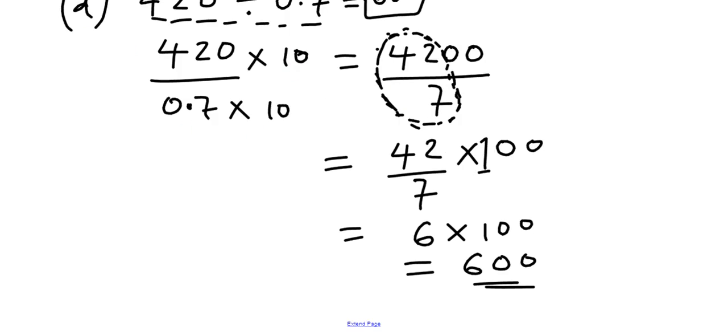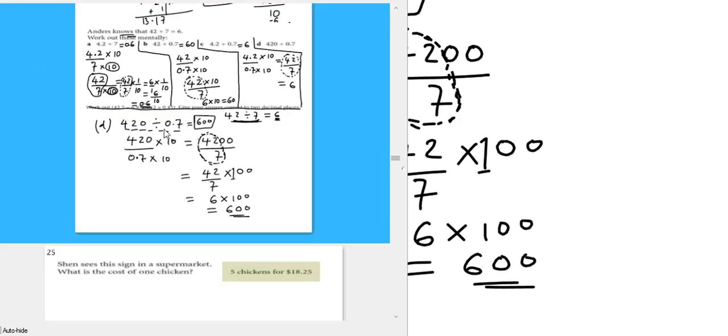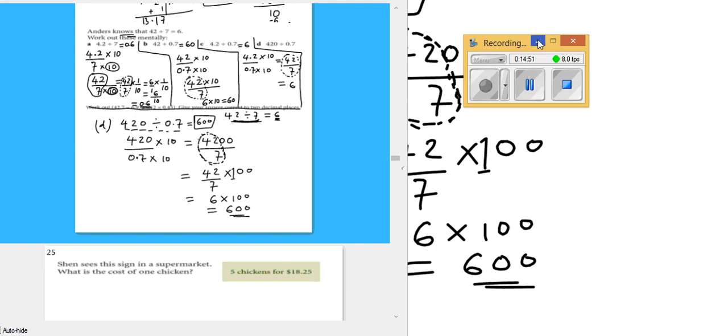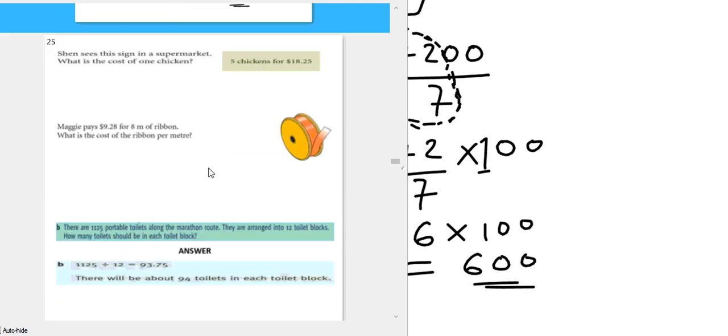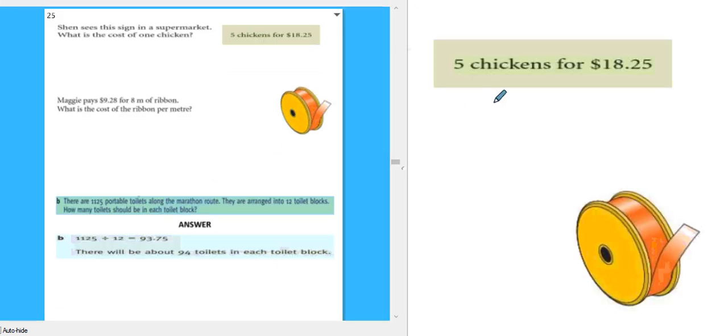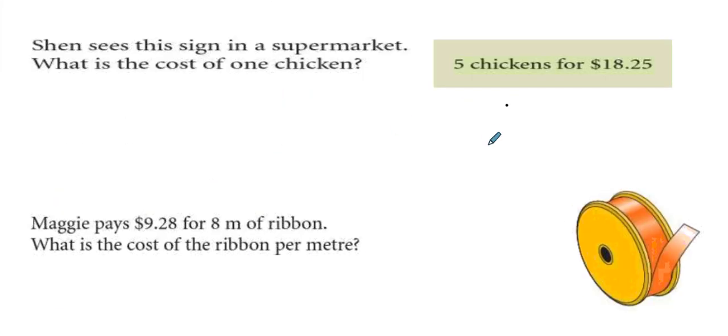Right, let us proceed to next page and let me check how many minutes we've gone. Okay. Some other questions are very simple. Shen sees this sign in a supermarket. What is the cost of one chicken?